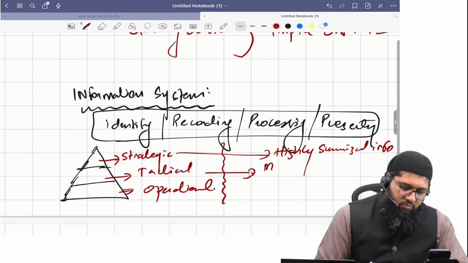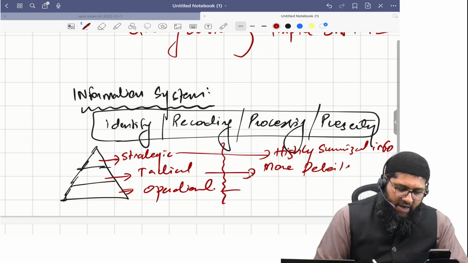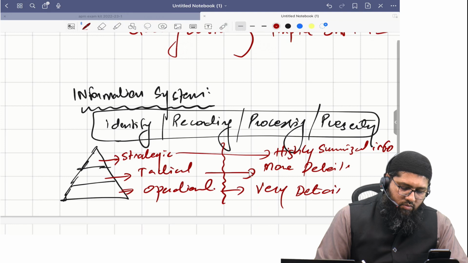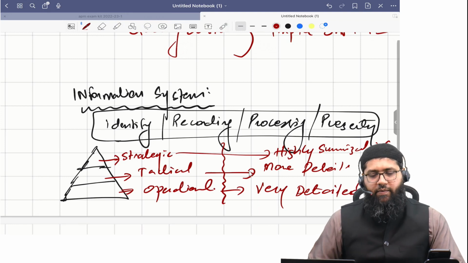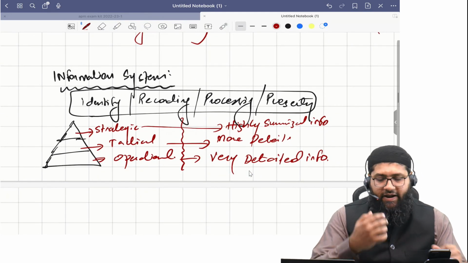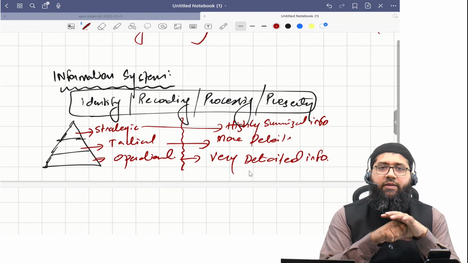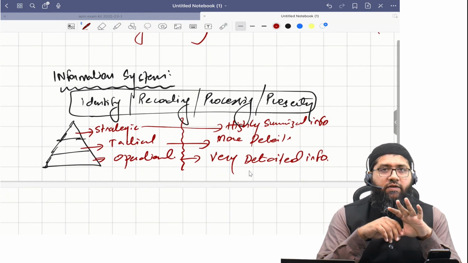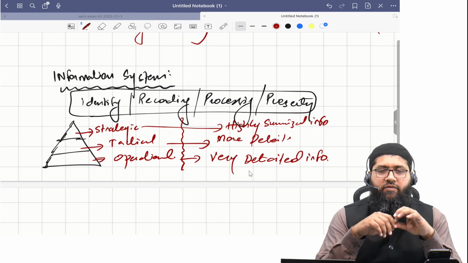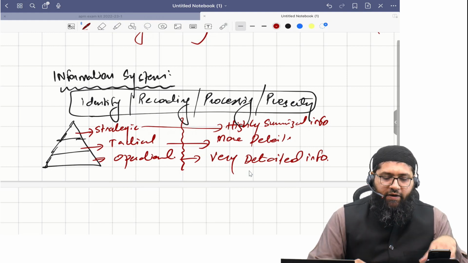They need more detail, and they need very detailed information. So you see what happens is that the different levels within an organization, they need different levels of information. You get my point? They need different levels of information.